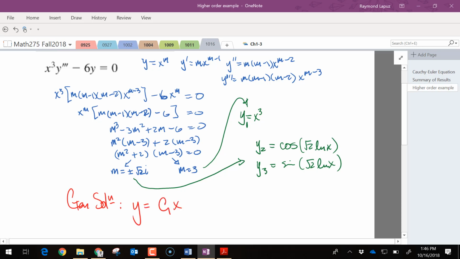So we got a constant, x to the third, plus another constant, cosine, plus another constant, sine. That's it.